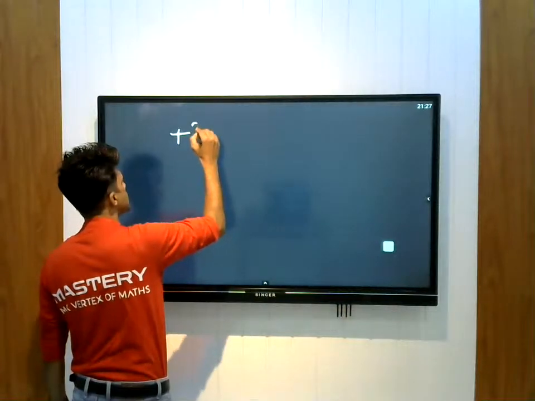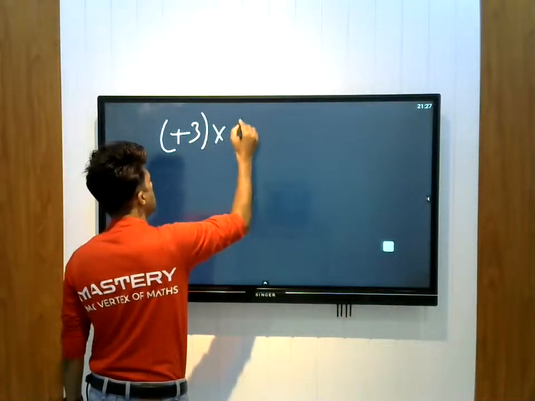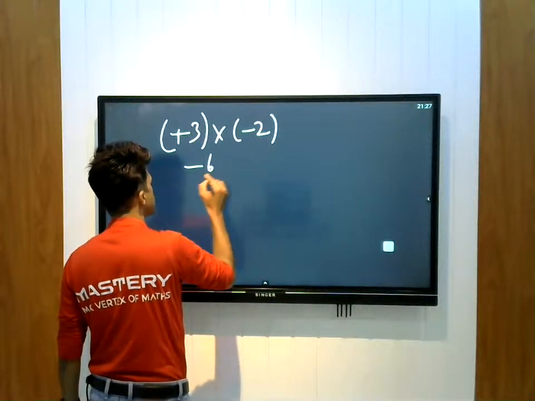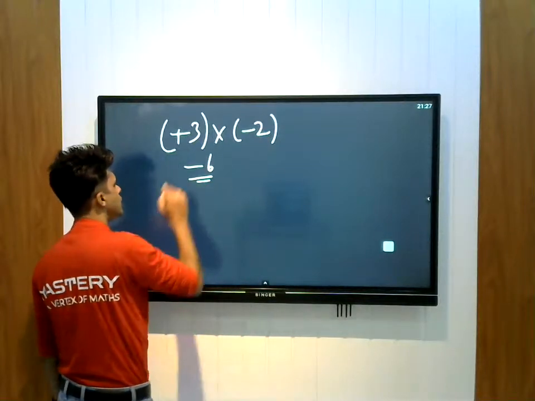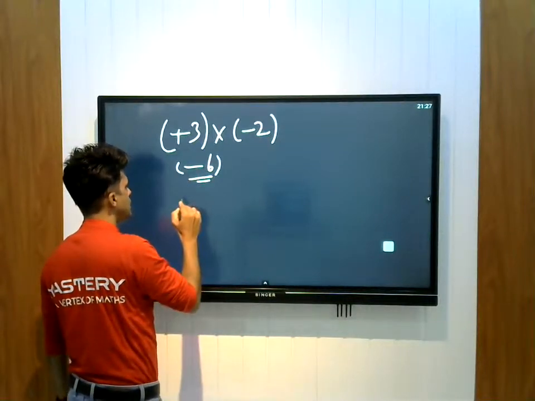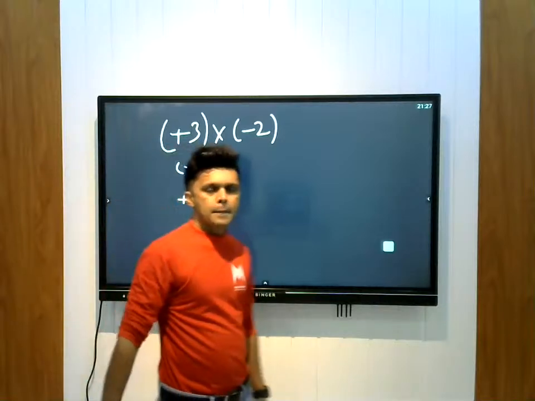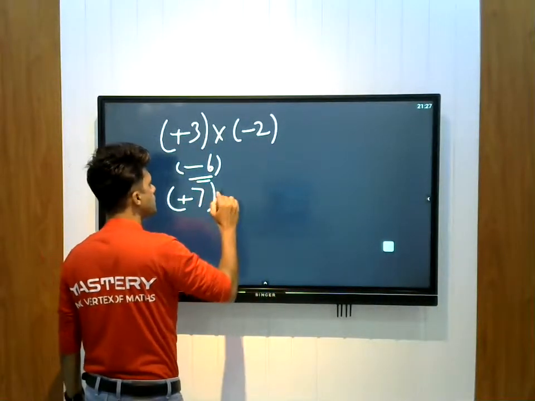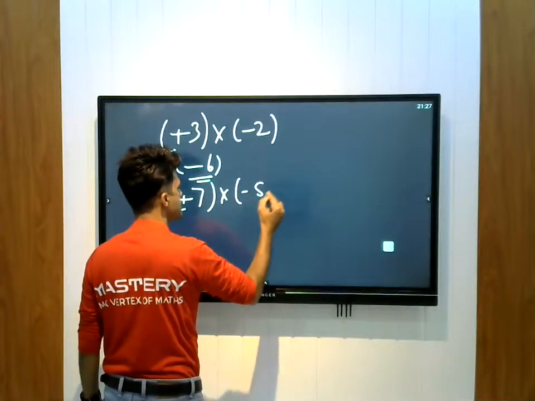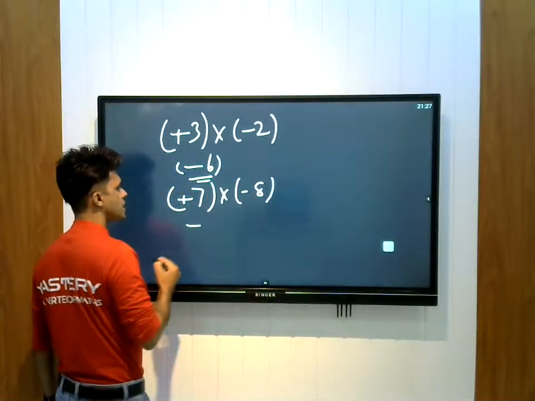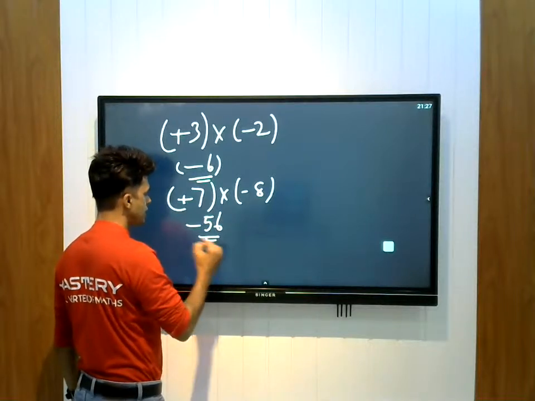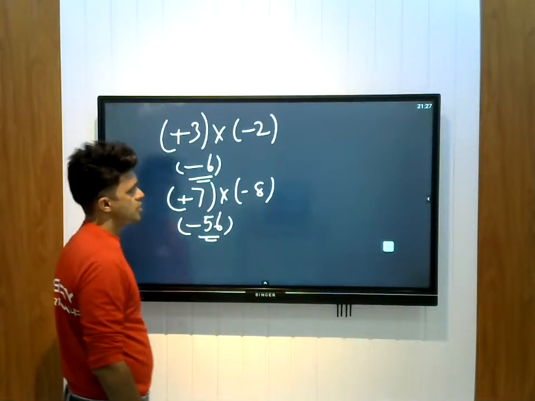We want to put a bracket here. So plus 7 into minus 8. Plus into minus is minus, 7 times 8 is 56. Minus 56 is the answer.